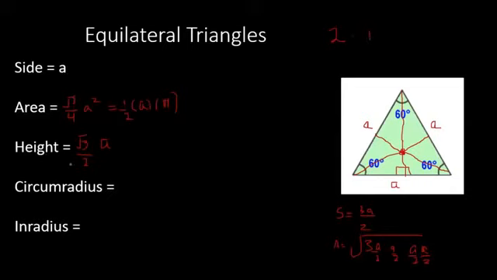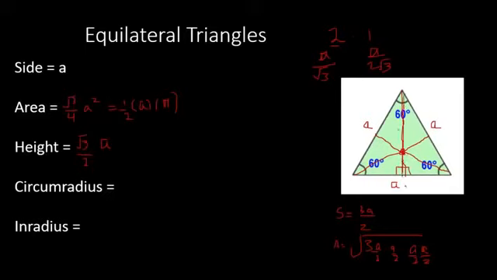So if I cut this height, root 3 by 2 a, in 2:1, the first part would be a by root 3, and the second part would be a by 2 root 3. Now you would be asking me, what is the fun of calculating this?